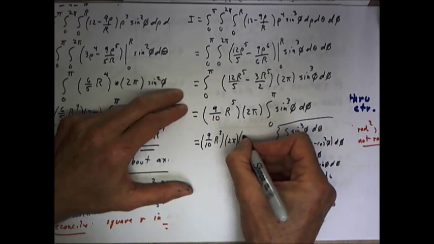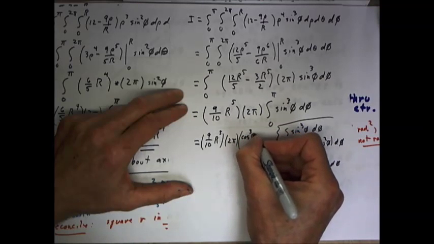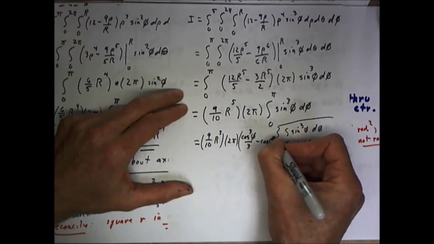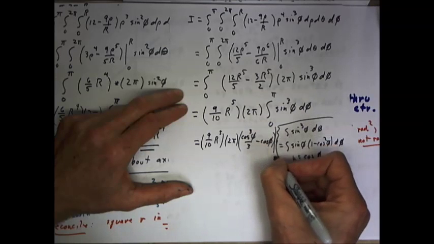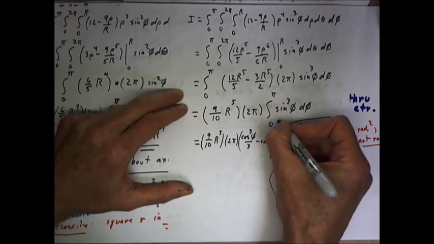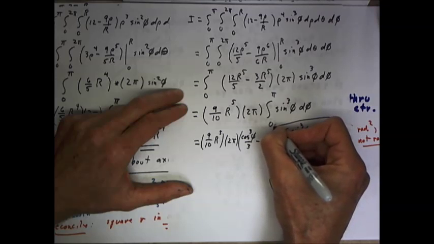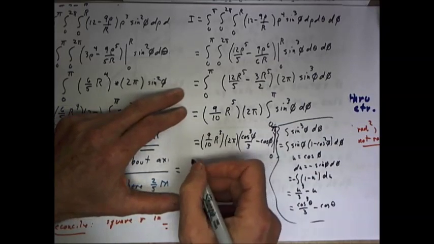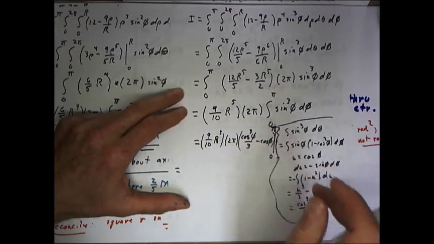This is going to be cosine cubed phi over 3 minus cosine phi evaluated between 0 and pi. I should have given myself more room, but this is pretty straightforward.